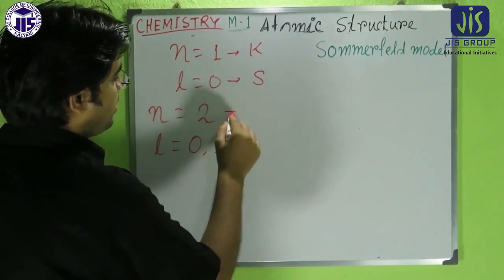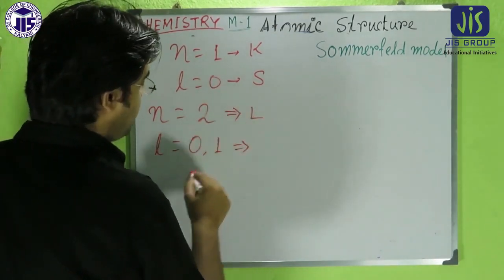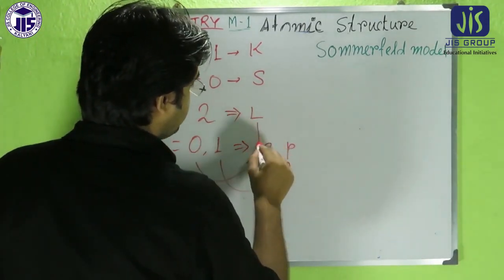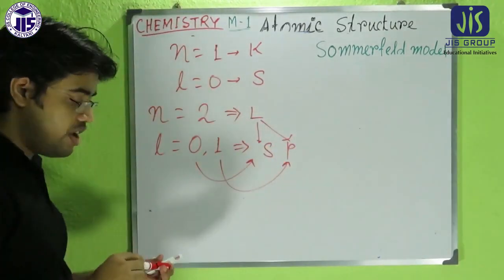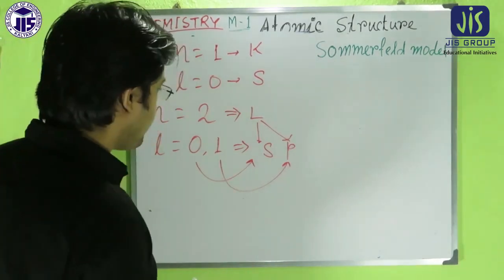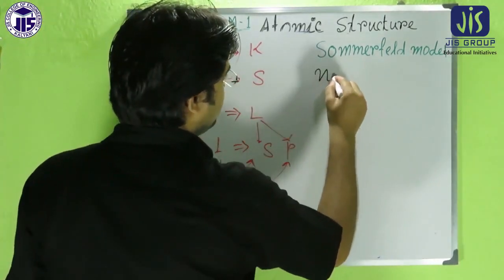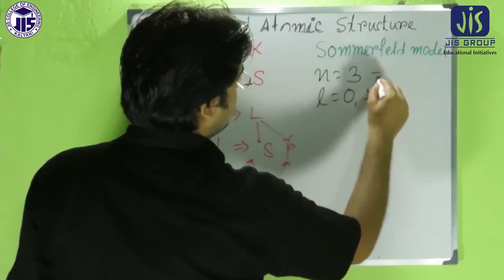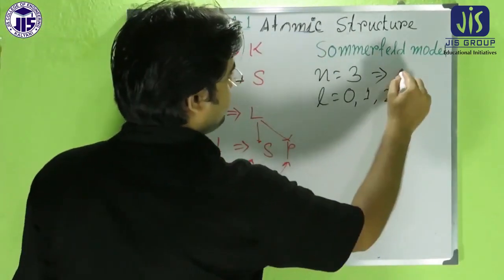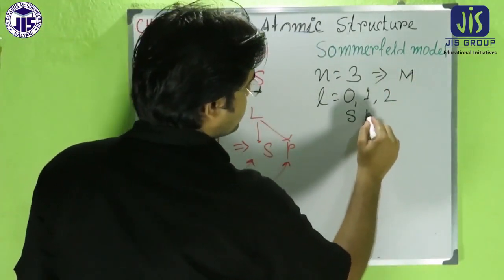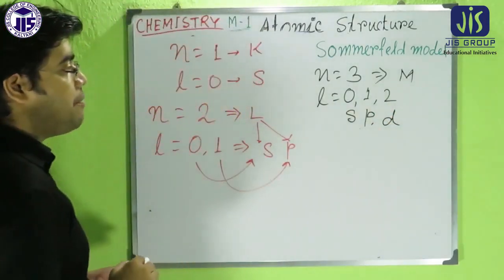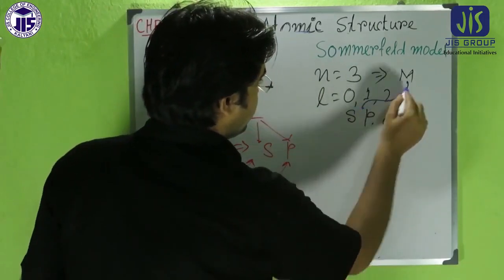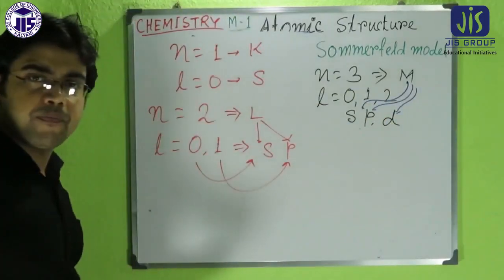So for the L shell, there is one for S and another for P, that is, L is the combination of S and P. In the same way, if n is equal to 3, L will be 0, 1, 2. That means 3 corresponds to M, and here S, P, D. So the M shell is the combination of S, P and D.